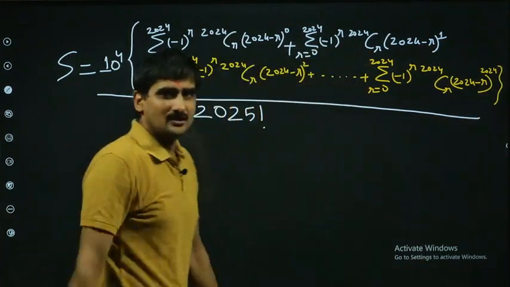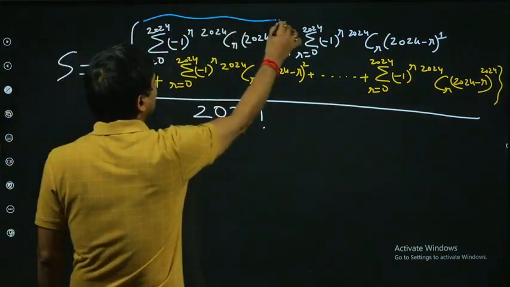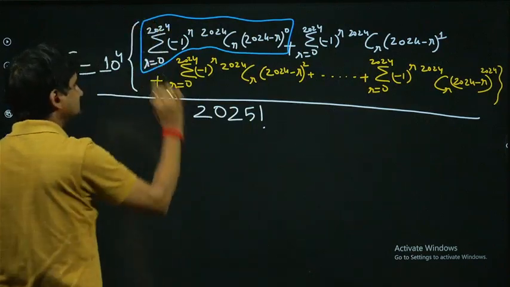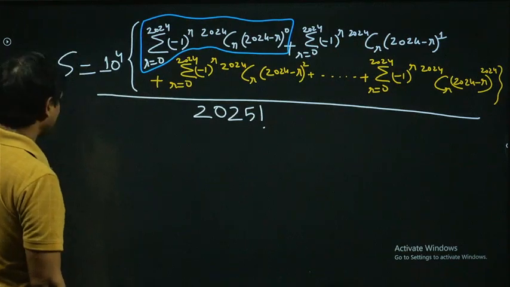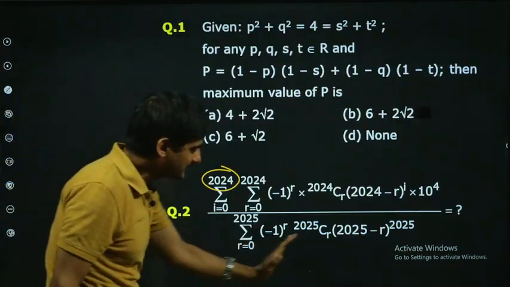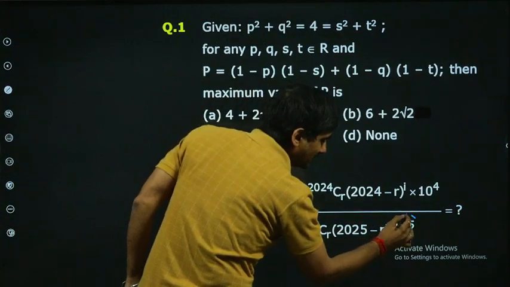That's it. Now again, look at the expression, the first one, and compare it with this one. Each and every expression is like this. The only difference is of power.